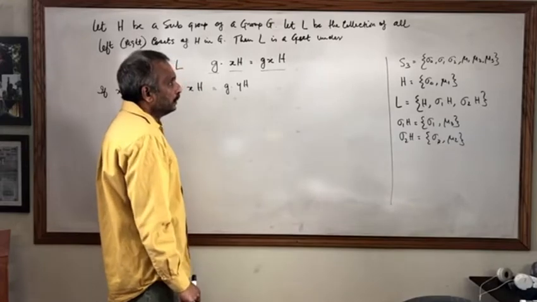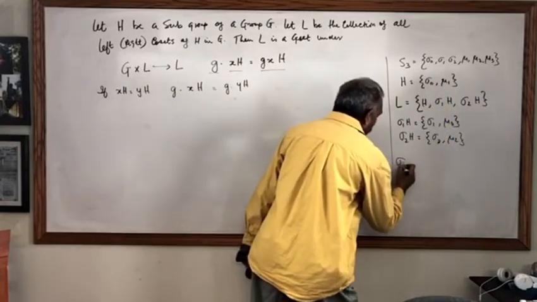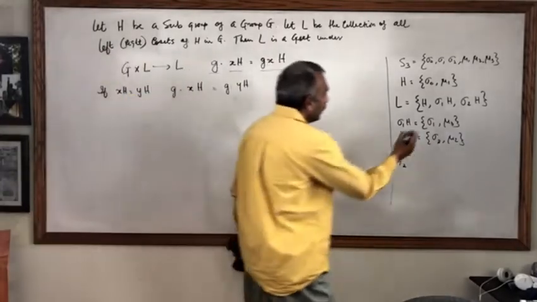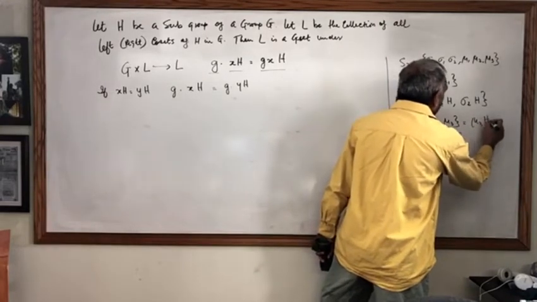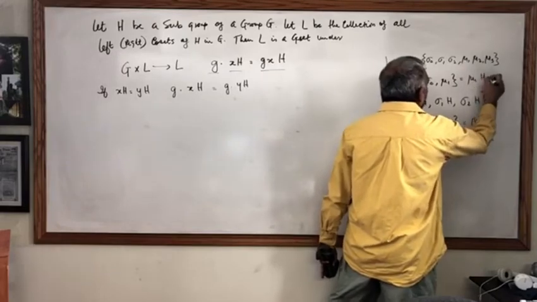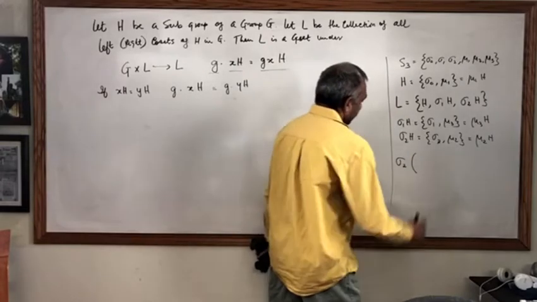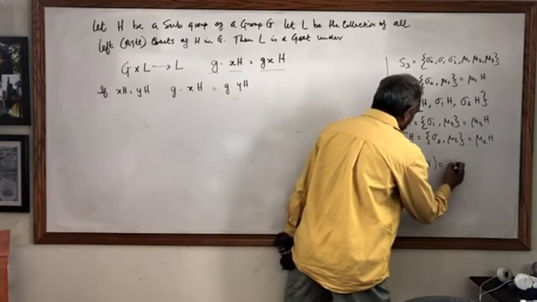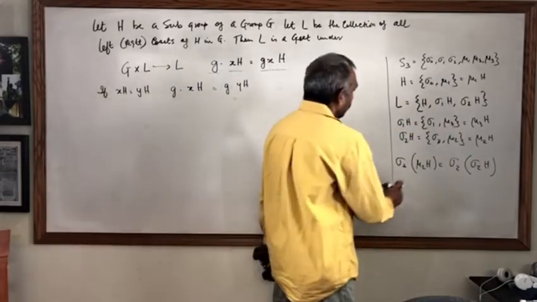So what we need to show is, if you take any element, let us say sigma 2, that is our g, operated on, see this actually sigma 1H is equal to mu 3 of H, and this is equal to mu 2 of H, and H is equal to mu 1 of H. So we need to show that if you take any element, let us say mu 2 of H, that should be equal to sigma 2 of H. Or probably we'll take a different one.